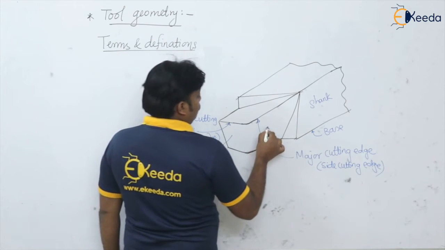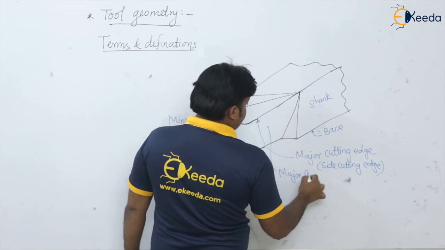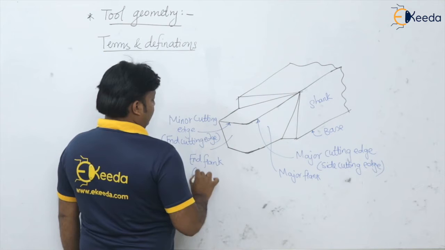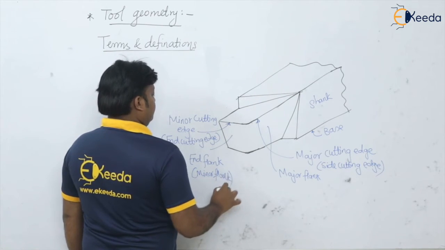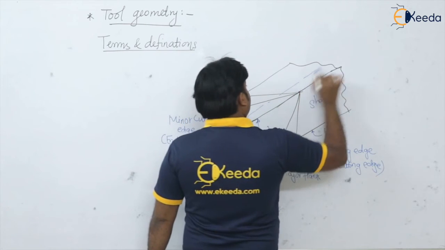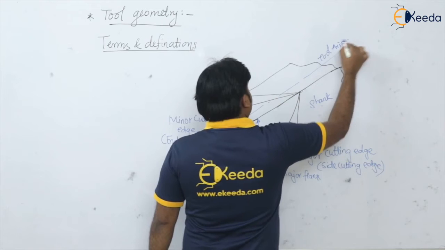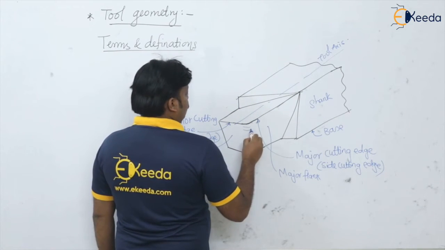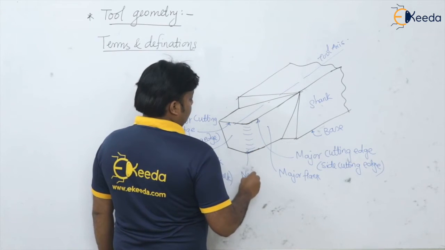So this is the major flank and this is the end flank or minor flank. This is the tool axis. And this is the nose of the tool.